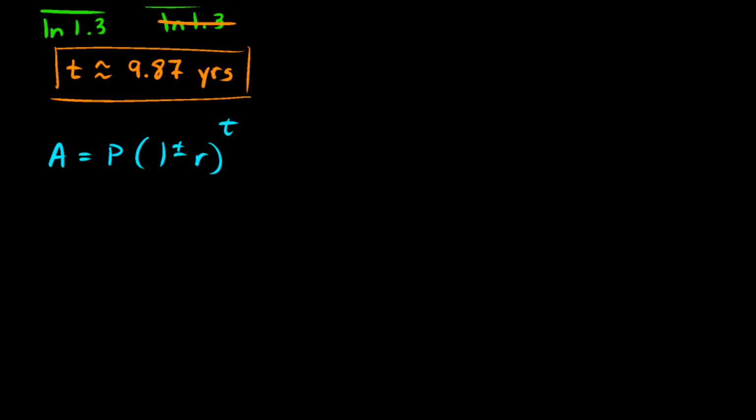If this value, which is called the growth factor or decay factor, is less than 1, then it's a decay. It will decrease over time. If it's larger than 1, it's going to be a growth, just like what we did.